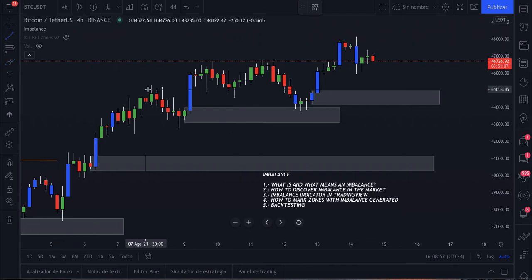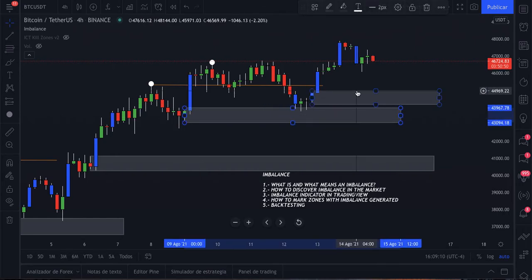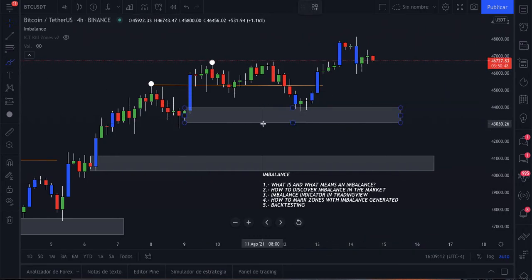Then another confirmation. Which imbalance was responsible to break this level, this higher point, to create a new higher high? This one. Here we have the imbalance. And look, what a coincidence.